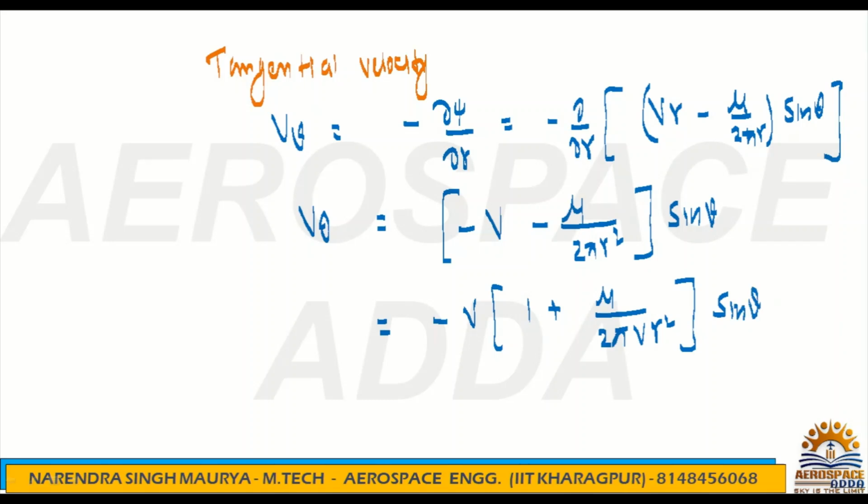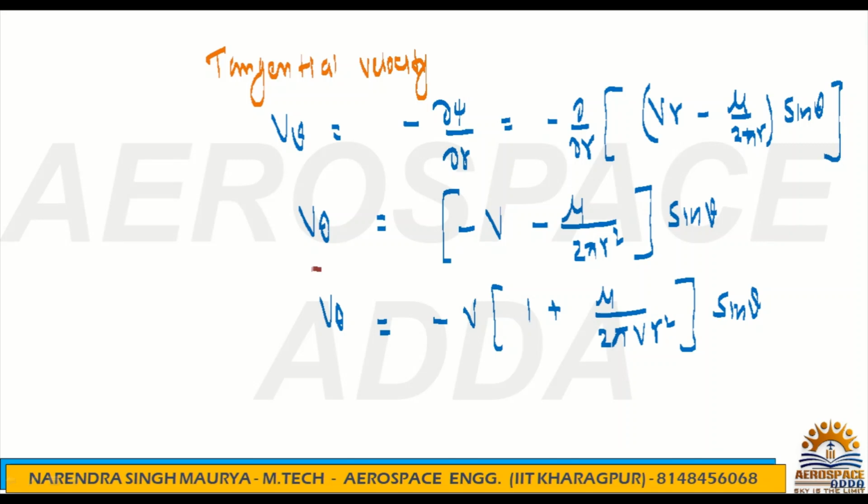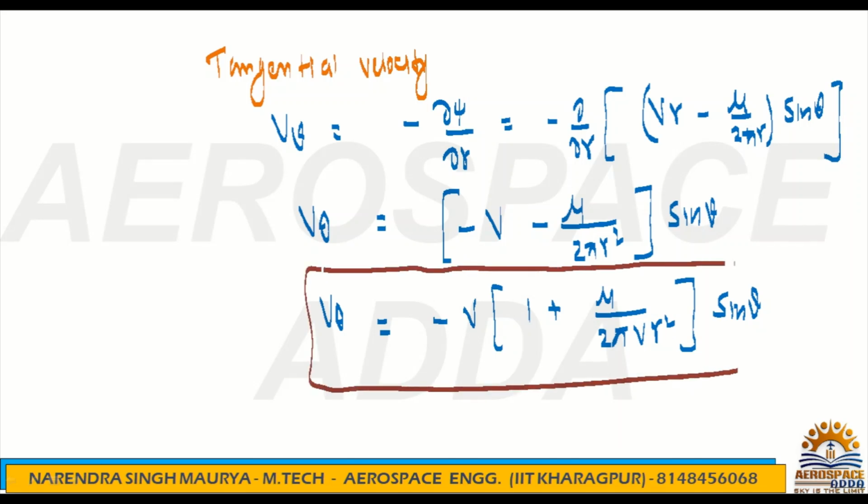You can write this. So this is nothing but the tangential velocity. Now you know the stagnation point concept. This is the tangential velocity; take the differentiation, you can open the bracket, or separate also you can do this.